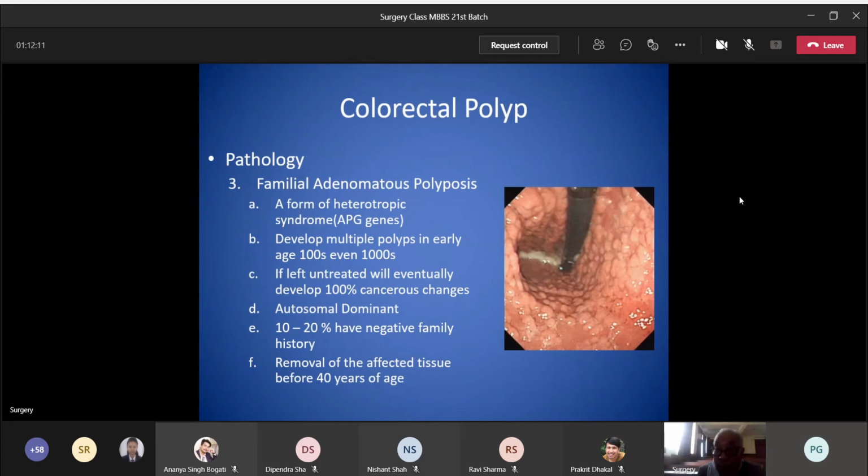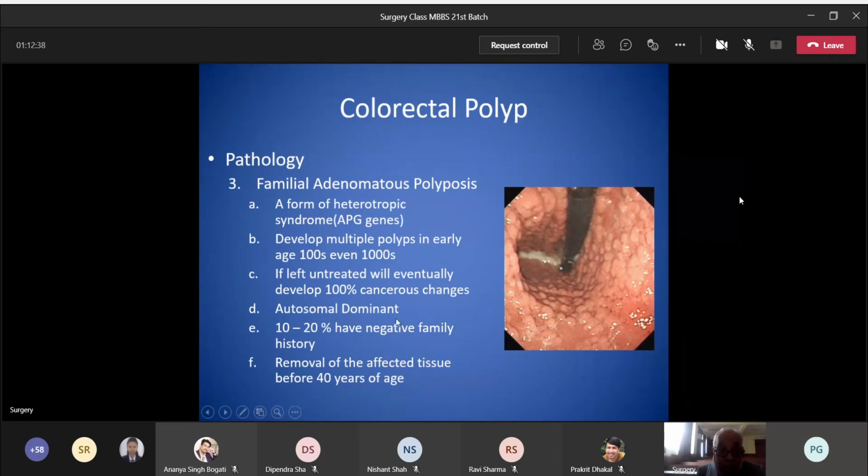This is a colonoscopy picture. You see thousands of polyps in the colonoscopy. If left untreated, they might change to malignancy. So 100%, if you don't treat properly, they will change into carcinoma.